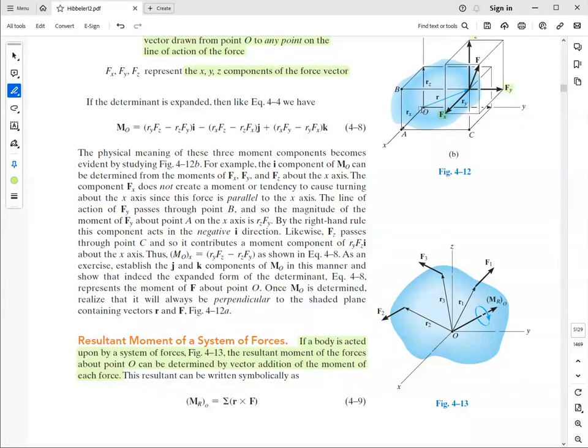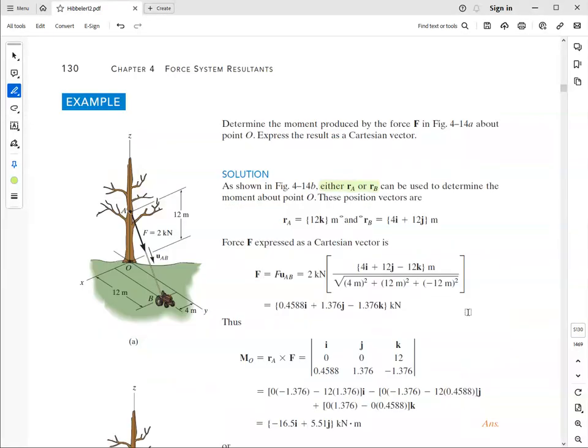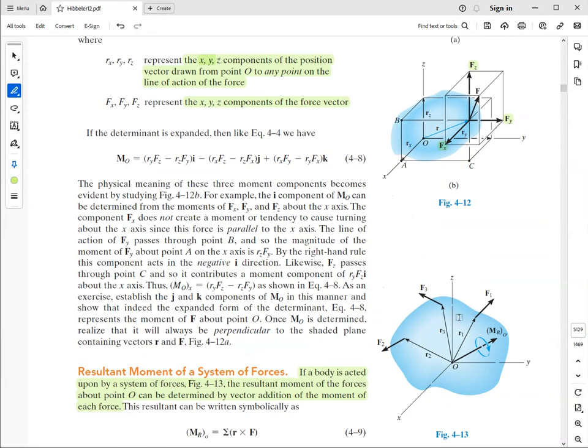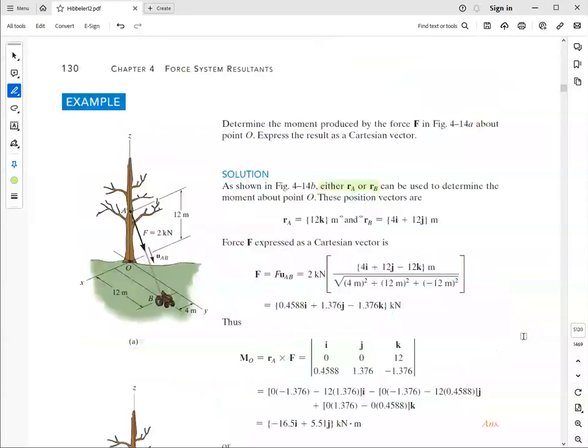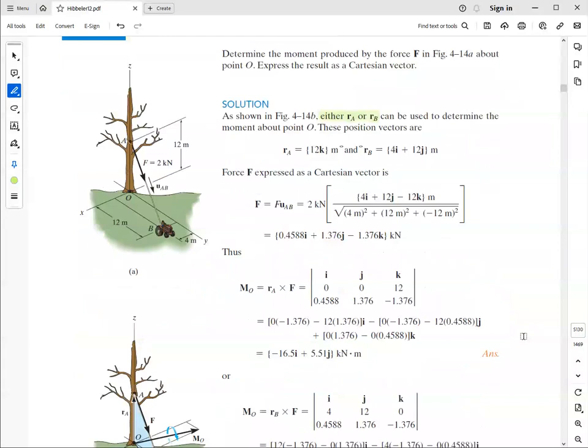It's like setting R crossed with Fx, R crossed with Fy, and R crossed with Fz, and you add them together. Okay, so yeah, that might be of some convenience.